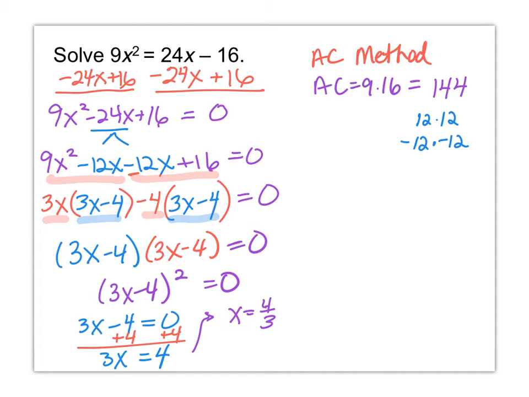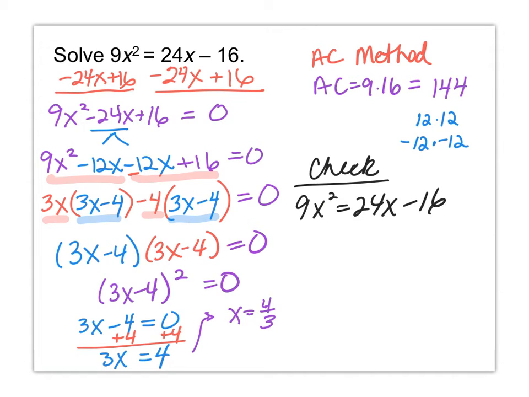And we can check this solution by plugging it back into the original equation, which was 9x squared equals 24x minus 16.